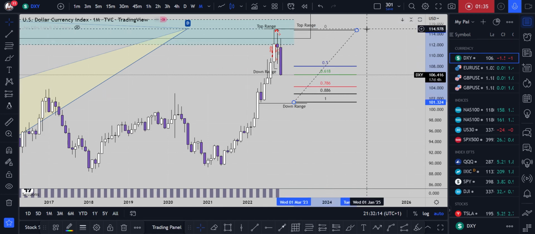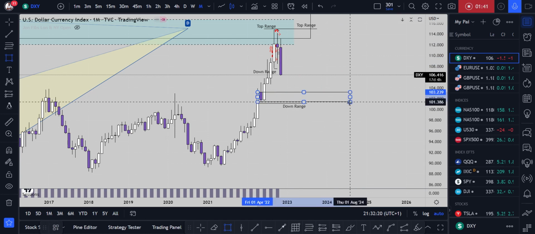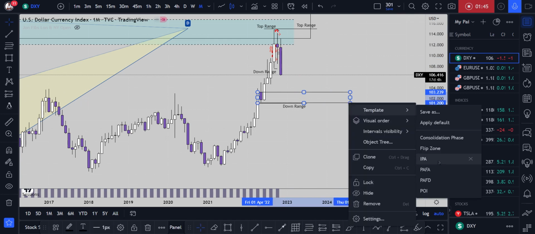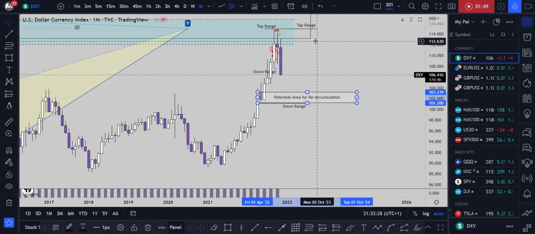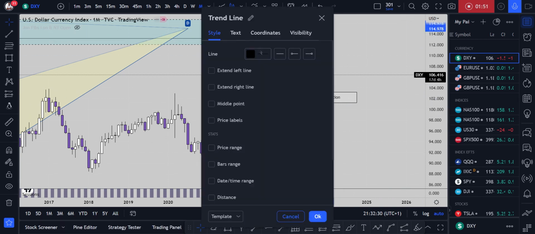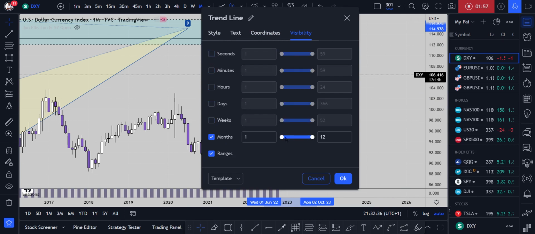My guess now, looking at this last down candle, is that I do believe price might reaccumulate from that area. So I might put visibility on the monthly only, so I don't get confused.